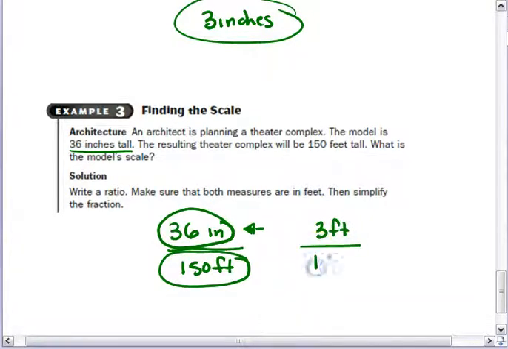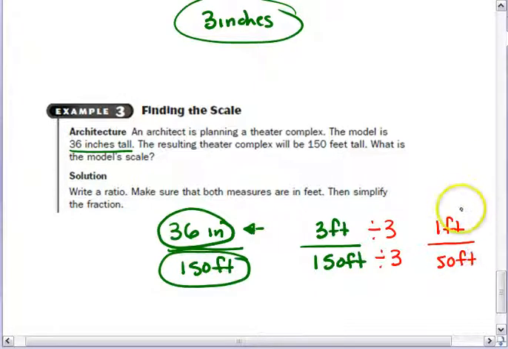If we go 3 feet over 150 feet, now we have the same measurement. We're going to divide the top and bottom by 3. This will give us 1 foot on top and 50 on bottom. So for every 1 foot of my model, it's 50 feet of the actual building.